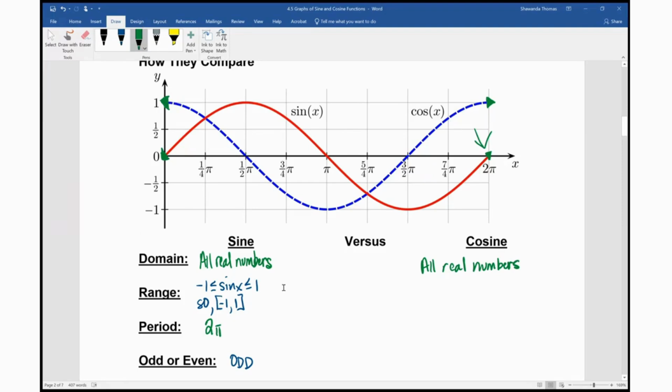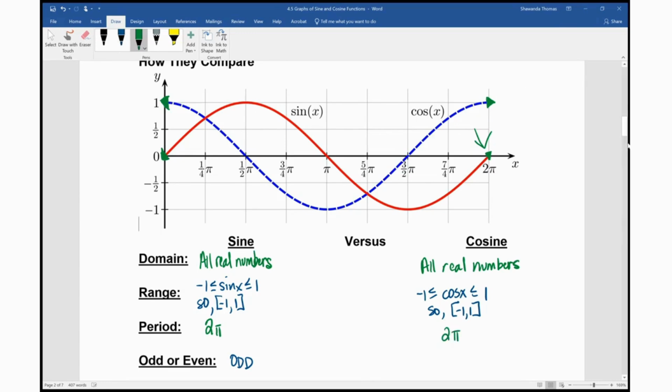What do y'all think the range is? 1 and -1. Still the same. Notice the top is 1 and the lowest is -1. Same thing again, -1 to 1. Period, still 2 pi.